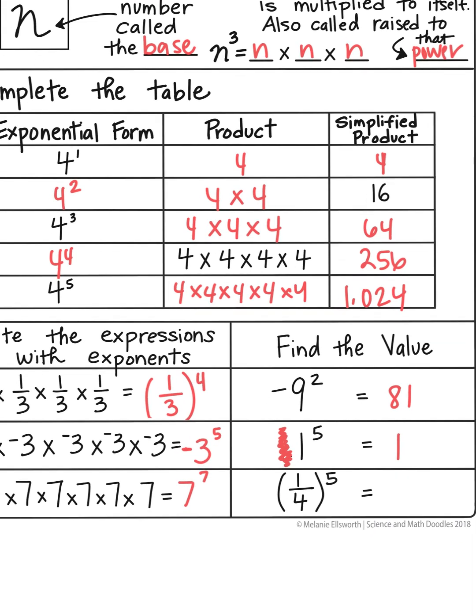I can use the chart above to help me. Remember, when you're multiplying fractions, we just multiply straight across: 1/4 times 1/4. So my numerator, no matter what, will stay a 1. It's the denominator that I have to multiply, 4 times 4 times 4 times 4 times 4. So the bottom number is going to be 1,024.